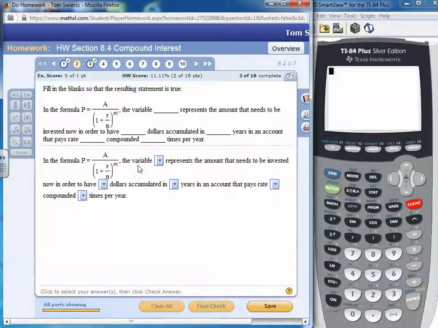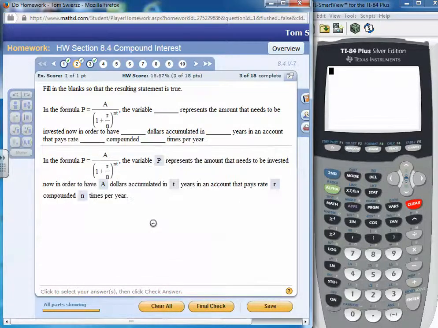Okay, in the formula, the variable represents the amount needed to be invested now. The variable P, that's the original investment, to have accumulated dollars A in, again, T's the number of years, and the rate is R, and compounded N times per year.